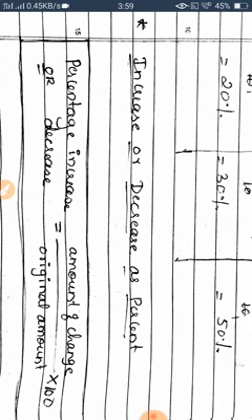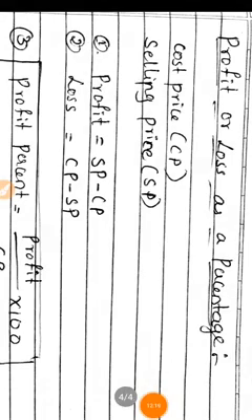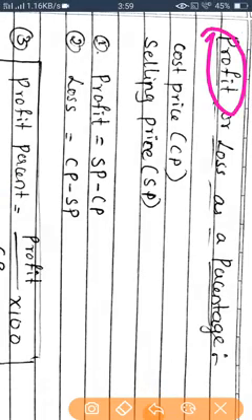The amount changes: if it increases, how much increases; if it decreases, how much decreases, divided by the original amount into 100. So you'll come to know the increase as a percentage and decrease as a percentage. That increase is nothing but the profit, and that decrease is nothing but the loss in terms of commercial mathematics. So that we have to convert as a percentage.